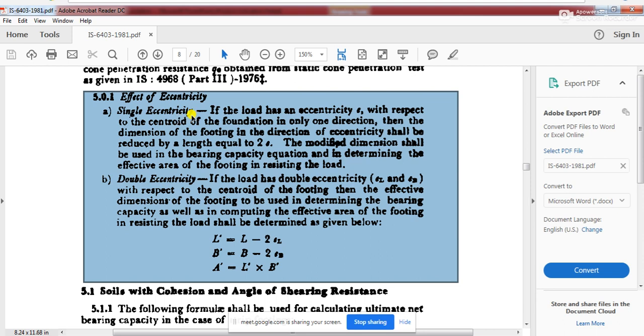You see in the Standard Code, it says, effect of eccentricity. Single eccentricity: if the load has an eccentricity E with respect to the centroid of the foundation in only one direction. Eccentricity can be in only one direction or in both directions. So for one directional eccentricity, the dimension of the footing in the direction of eccentricity shall be reduced by a length equal to twice E, and that is what we have discussed today.